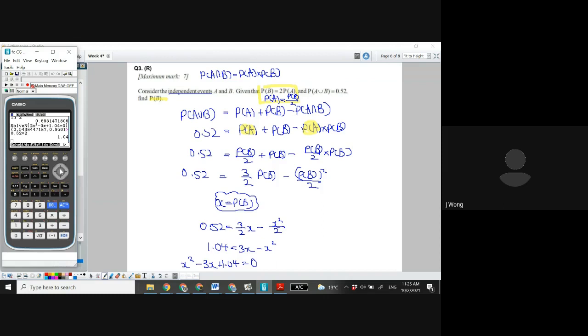So we'll use the solver. Option, then go to calc, and then solver. So we have x squared minus 3x plus 1.04 and make it equal to 0.